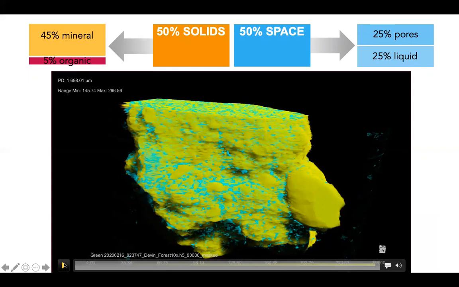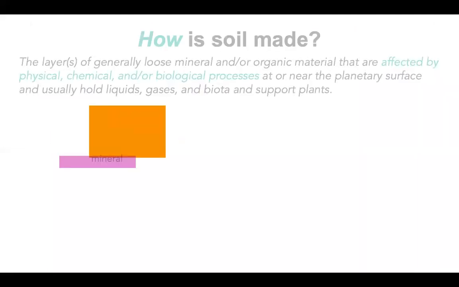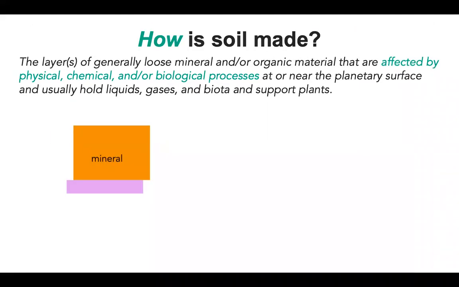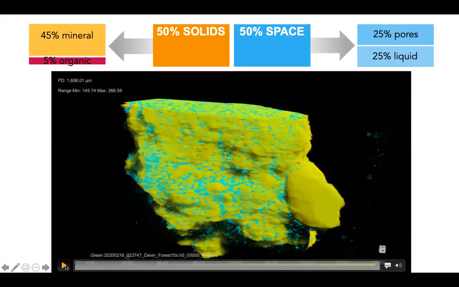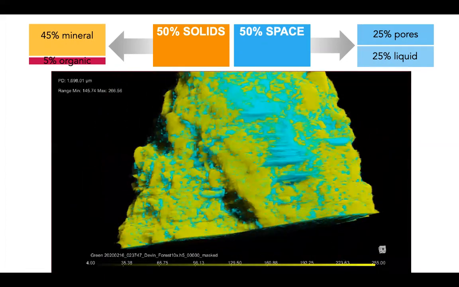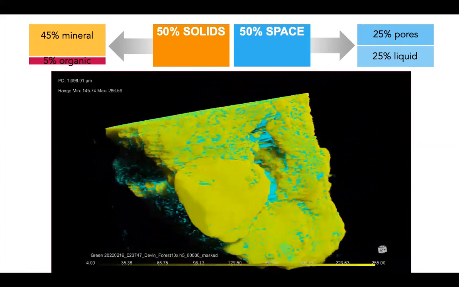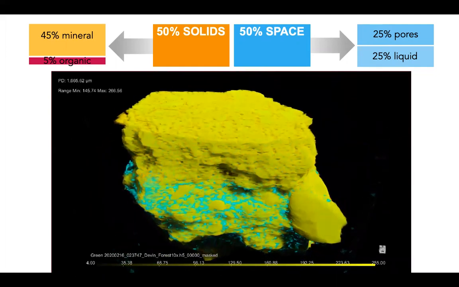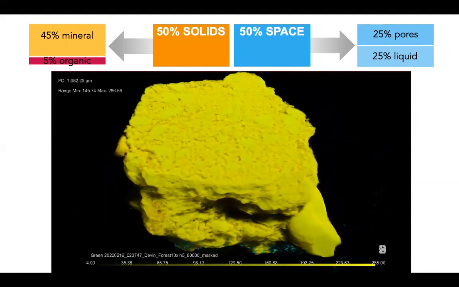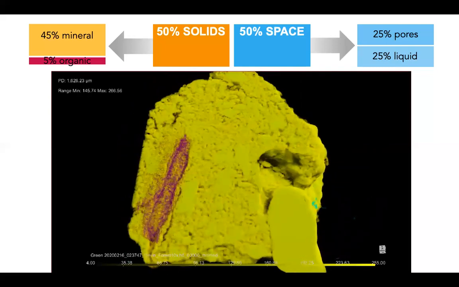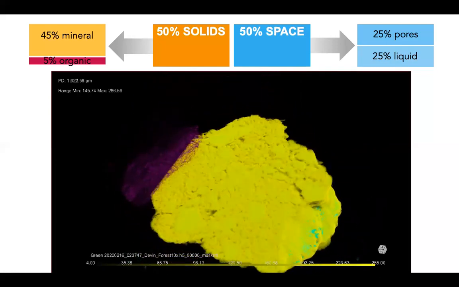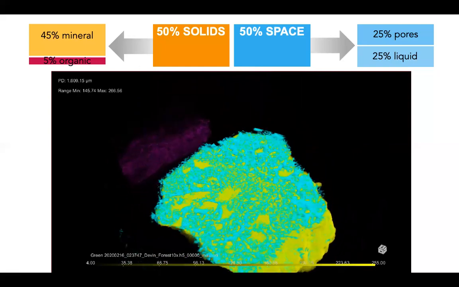And here's a quick video showing you what it looks like. So it does a quick little spin around, and then you see the pores go away, so you can just see the mineral piece, and it moves you through the aggregate. Now that purple stuff, that is organic matter that's mixed in there.